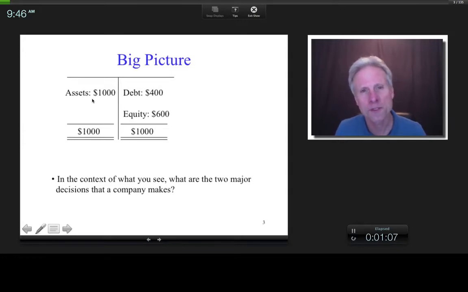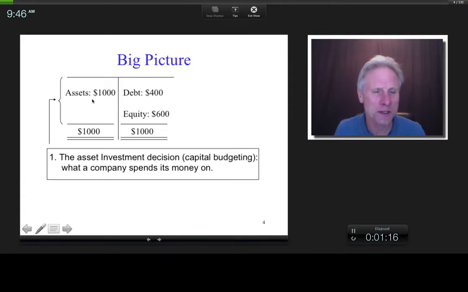Other textbooks may refer to it as capital budgeting. But basically, the asset investment decision is what a company spends their money on. That's their business plan. That's like Apple deciding to invest in the iPhone, or me deciding to invest in a lemonade stand.